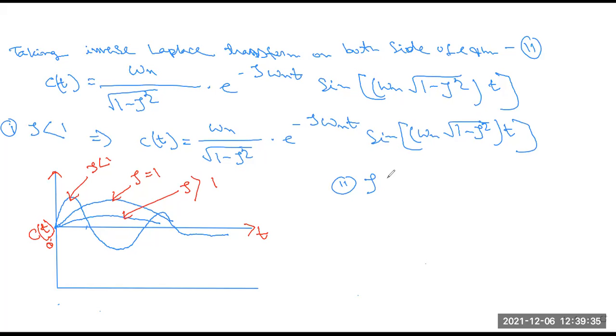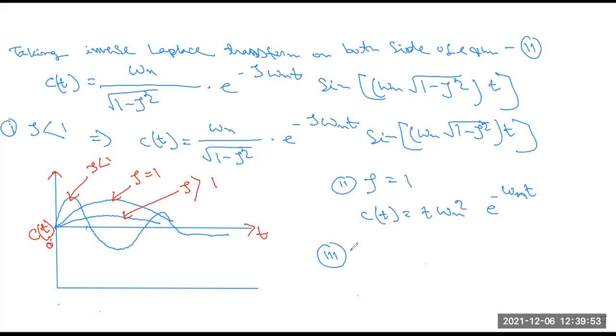Number 2, that is zeta equal to 1. When zeta is equal to 1, the equation is C(t) equals t into omega n square e to the power minus omega n t.